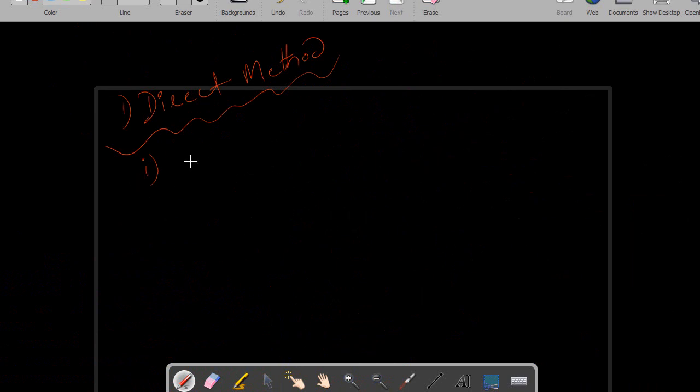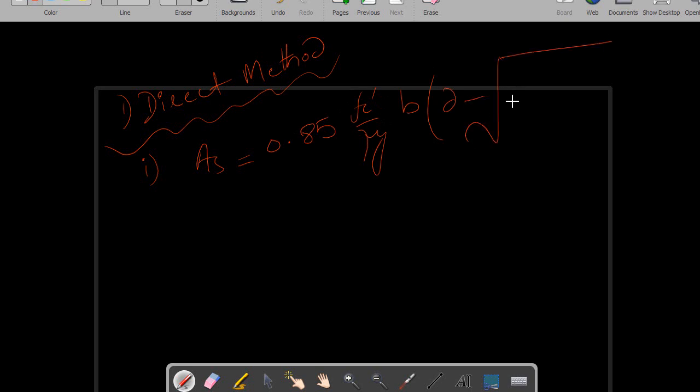We will use the area of steel equation, which is the most simplest one: As equals 0.85 fc prime divided by fy into b into d minus square root of d squared minus Mu divided by 0.3825 fc prime into b, bracket close. Now we know all the values.